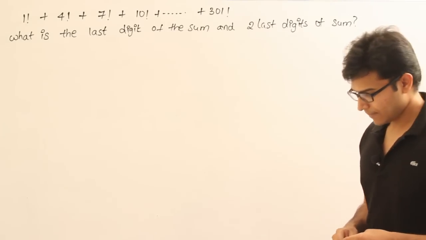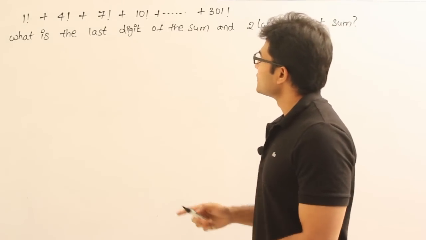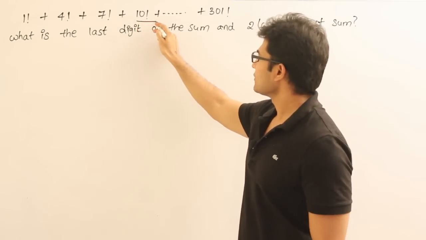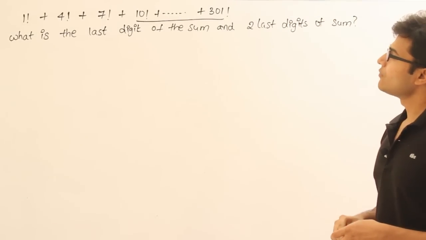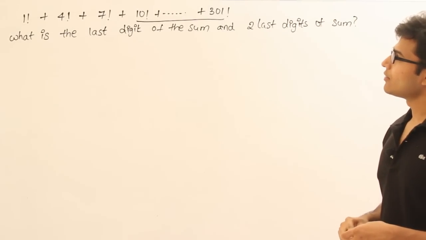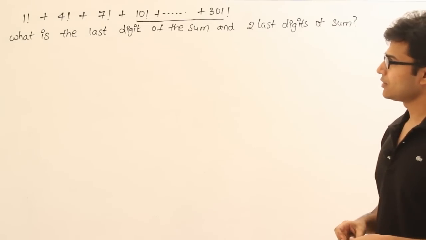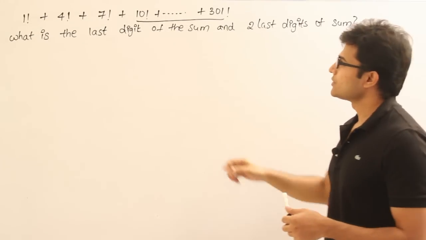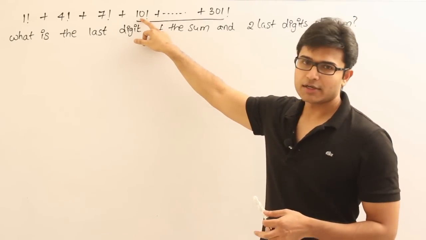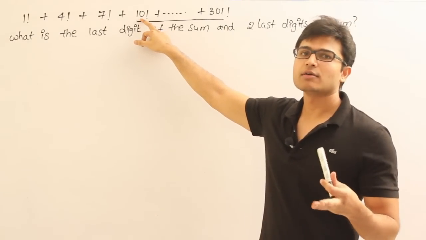So observe this. Once I cross 10, every factorial starting from 10 will always have 0 in the last digit. Why? Because once you have 10 factorial, you are multiplying whatever you get by 10.